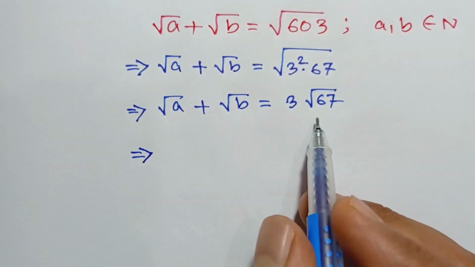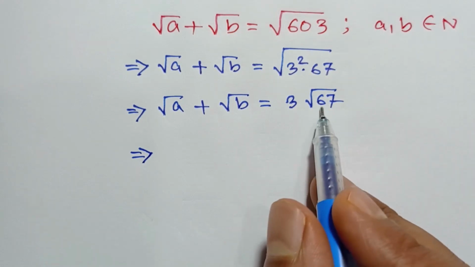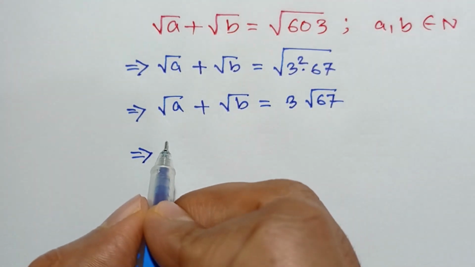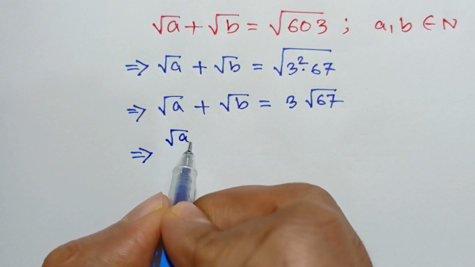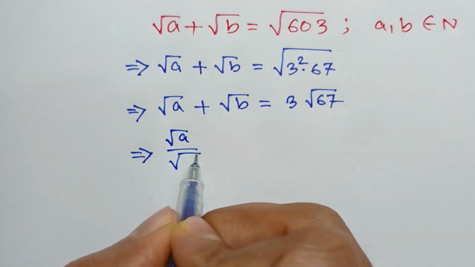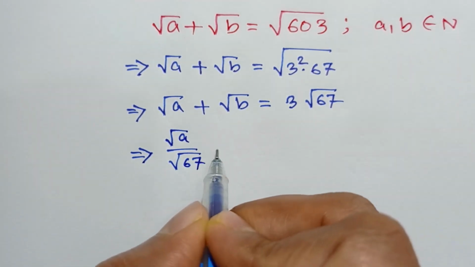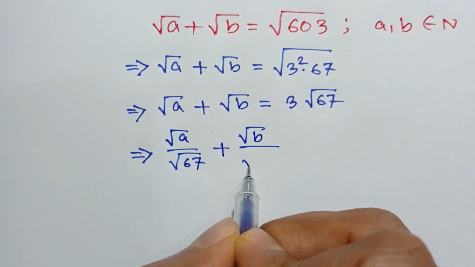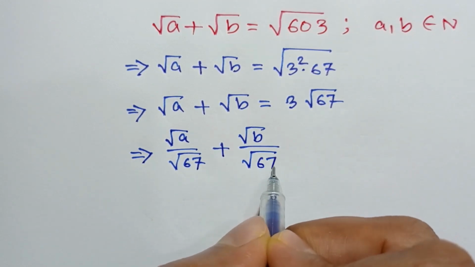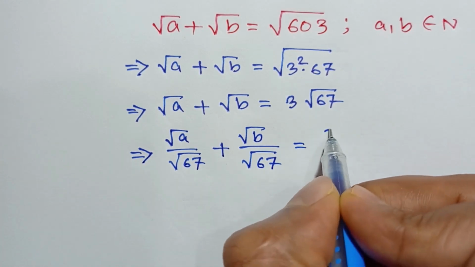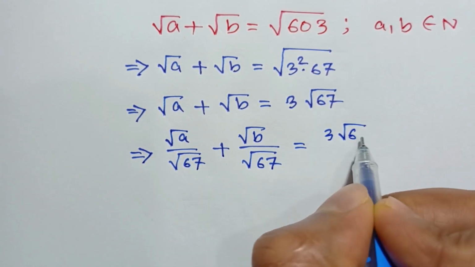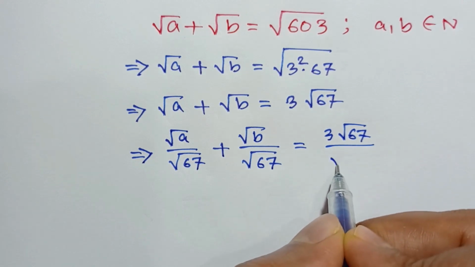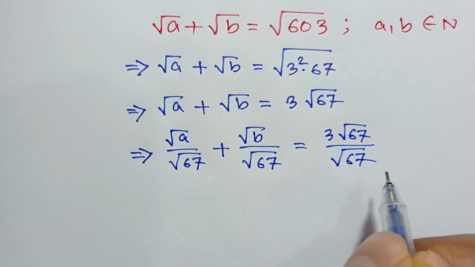If we divide both sides by square root of 67, we can write square root of a over square root of 67 plus square root of b over square root of 67 is equal to 3 square root of 67 over square root of 67.